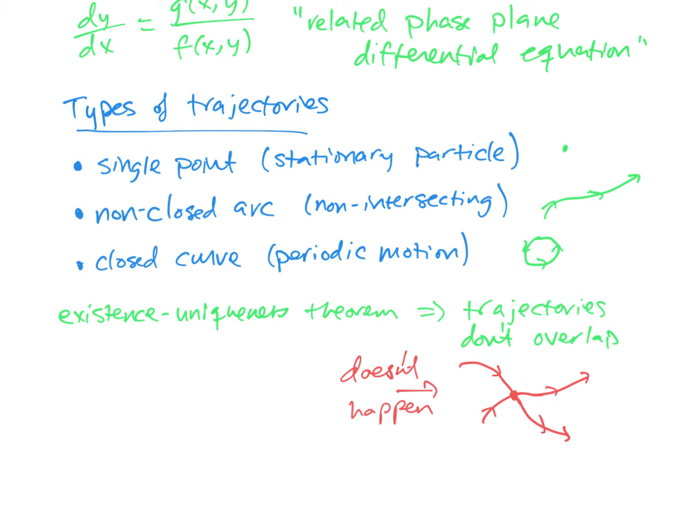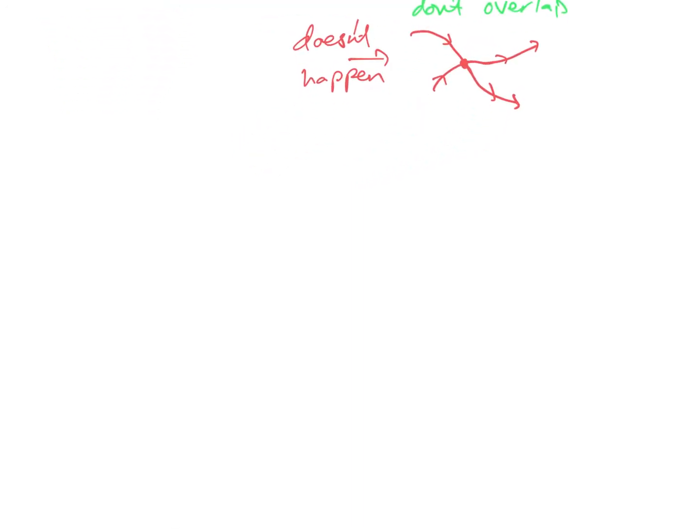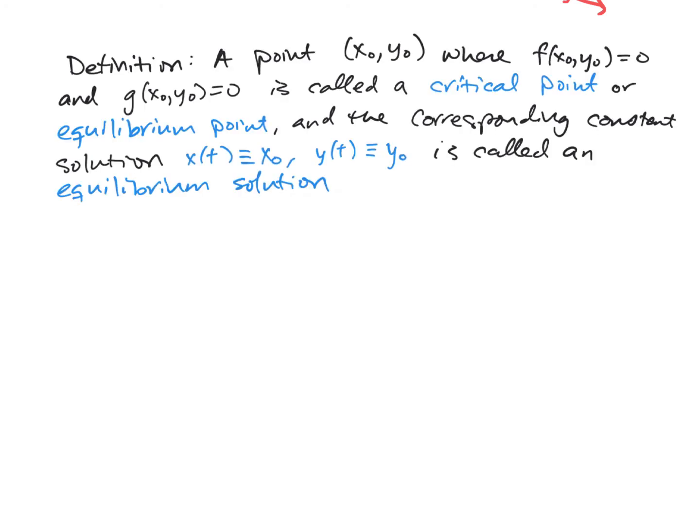So the first thing we usually want to do when we are trying to sketch out a phase plane is look for special points where the behavior is special. So we'll start off with this definition. We look for points where f and g are equal to 0 at the same time.